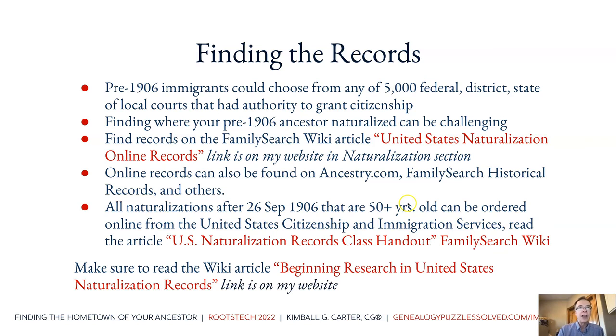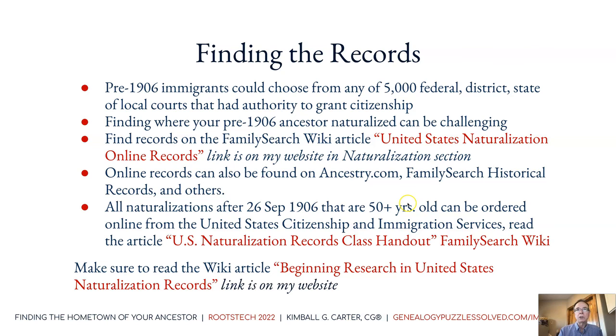All naturalizations after the 26th of September 1906 that are 50 plus years old can be ordered online from the United States Citizenship and Immigration Services. Read the article, U.S. Naturalization Records Class Handout Family Search Wiki. That's on my website also, the link to that. And make sure to read the Beginning Research in the United States Naturalization Records.